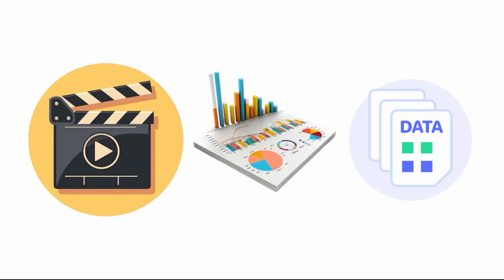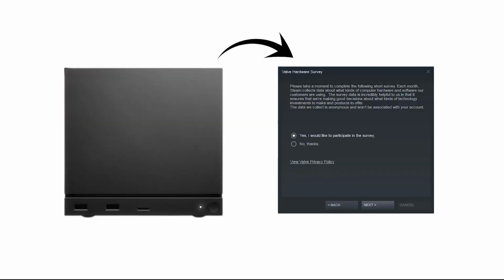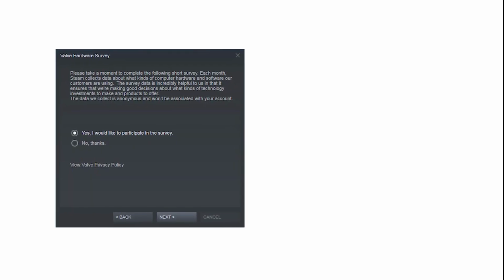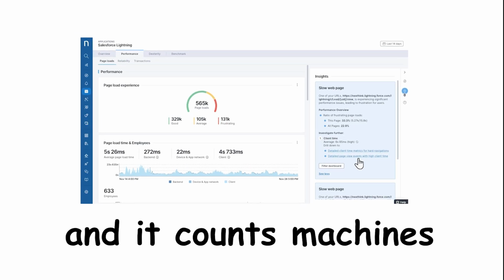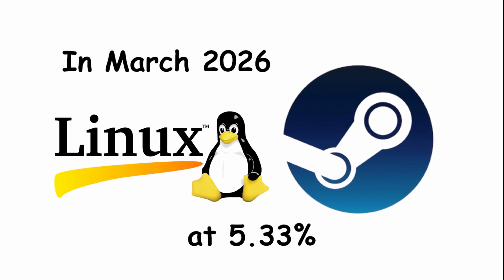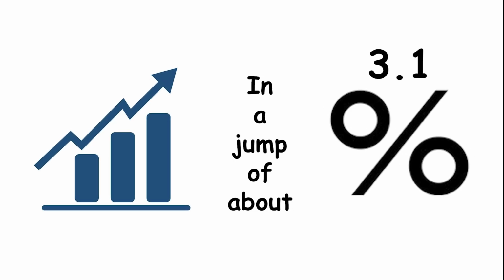Now compare it against a dataset with a completely different mechanism. Valve's Steam Hardware Survey is an opt-in prompt shown to a sample of Steam users. It reads the actual system, not a text label, and it counts machines, not page loads. In March 2026, Steam recorded Linux at 5.33%, an all-time high and a jump of about 3.1 percentage points in a single month.